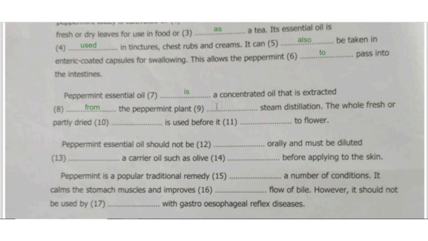So how do they extract it? By steam distillation. I'm sure you are very conversant with distillation, because this should be one of the separating techniques you have learned in science.